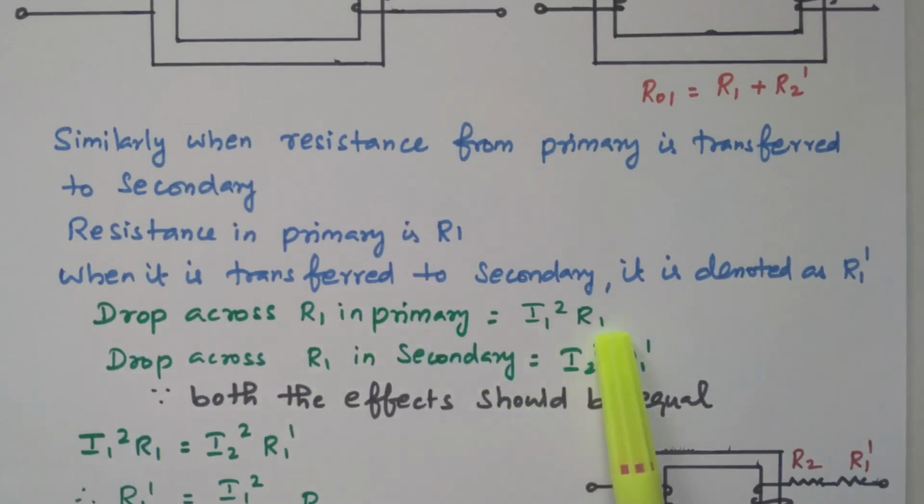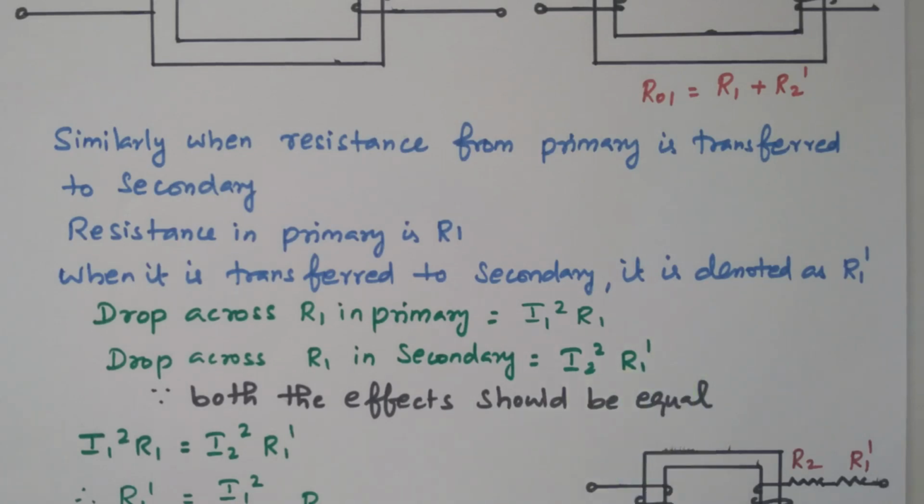I1 square into R1. Primary means I1, the resistor is R1. But what is the drop in secondary? While going to the secondary winding, it will become I2 square into R1 dash, because while transferring to secondary it becomes R1 dash. So I1 square R1 on the primary side, while referring to secondary, I2 square into R1 dash.